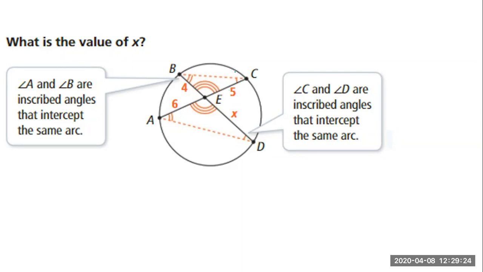And then you have angle C and angle D both intersect arc AB, making them congruent. So now we have 3 angles that are the same. Again, you could use these 2 are vertical angles. You could call this AA similarity and say the 2 triangles are similar. Once you know the triangles are similar, you can set up a proportion to solve this question.